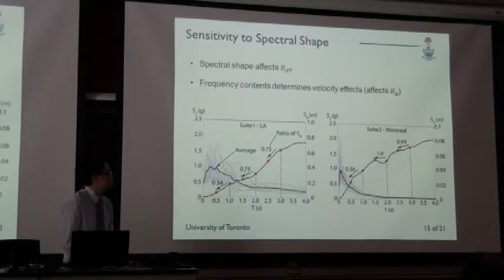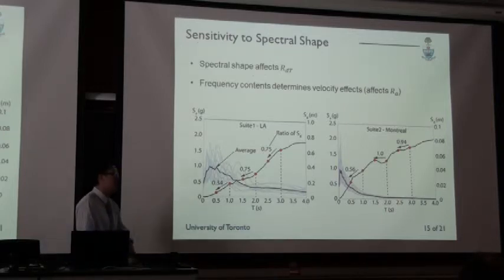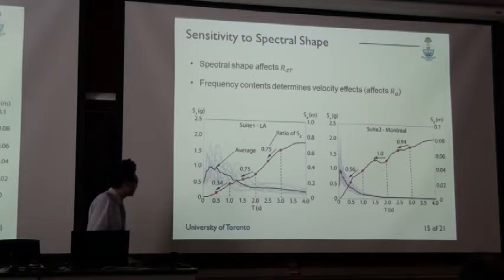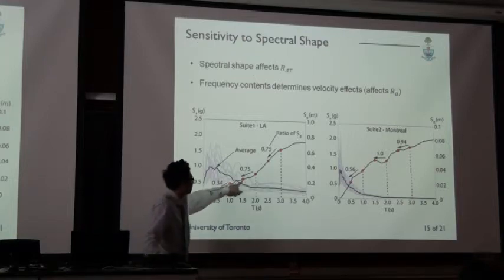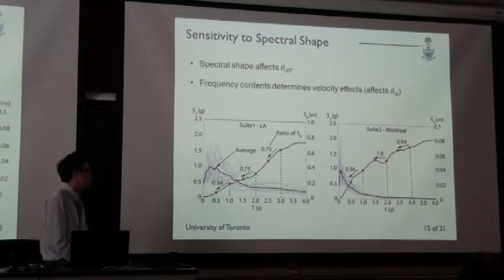Furthermore, performance spectra also reflect the effects of different ground motion frequency classes. Again, comparing the LA and Montreal ground motion suites, this is the spectral displacement curve of the two suites, the average spectral displacement curves.